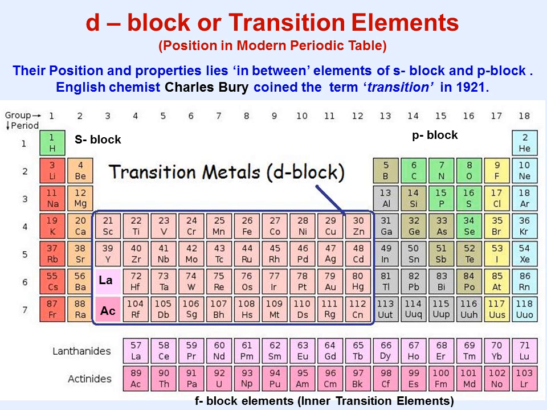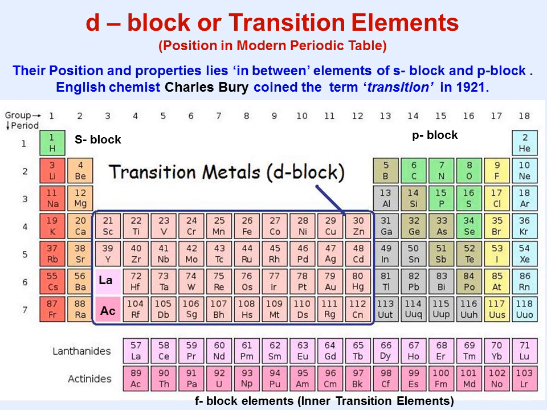So, the position and properties of d block elements lie in between s and p block elements. d block elements are good metals like s block elements and prefer to form covalent coordinate interactions in their coordination complexes like p block elements.